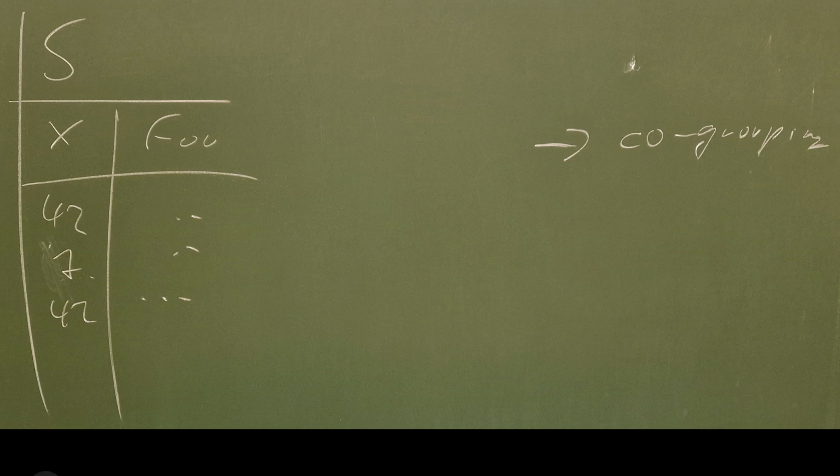So if your S relation contains duplicates with regard to s.x, then what happens is you will be doing the same lookup to the index on R multiple times. So if you have 42 appearing multiple times here, blackboard. So we have this relation S, we have an X attribute, and whatever foo attribute.